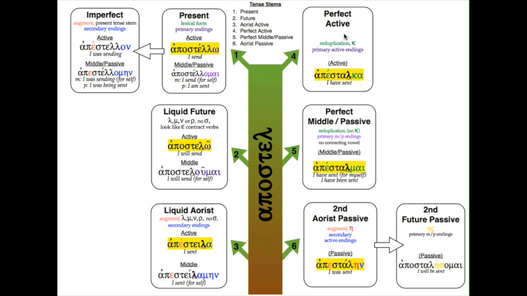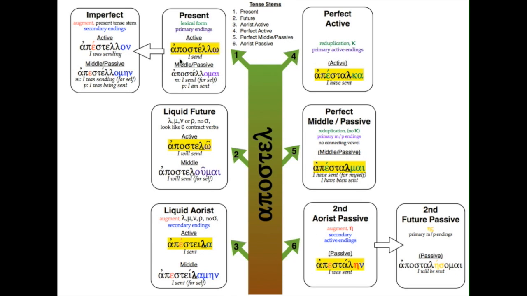So, for example, a second perfect just doesn't use the kappa, and a second aorist passive here just doesn't use the theta. We'll see later that a second future passive, well, let's just see it right now. It doesn't use the theta either. Okay, so these are both seconds. Okay, so that one's a little bit weird. We might have been tempted to say apestalthen, but the theta goes away. So that's a second aorist passive.